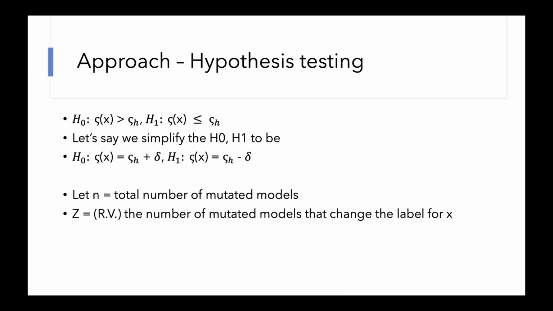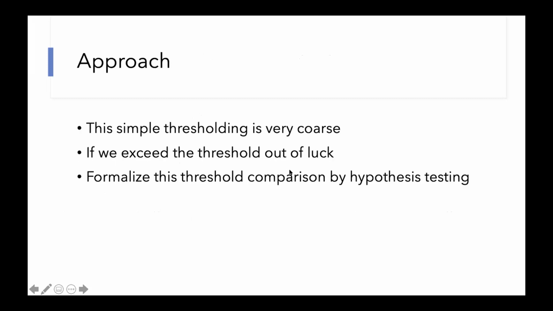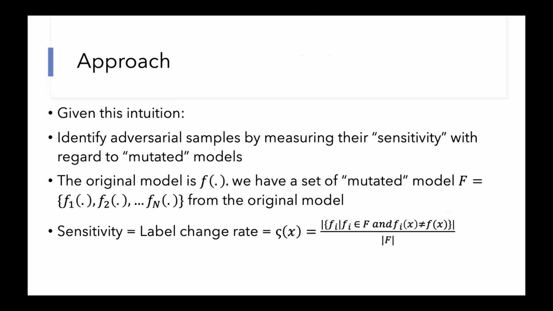Okay. So each model will have a label change rate. A collection of models will have this label change rate. Yeah, I think every model will have. You can see, for example, we have n adversarial samples, and we have n models.